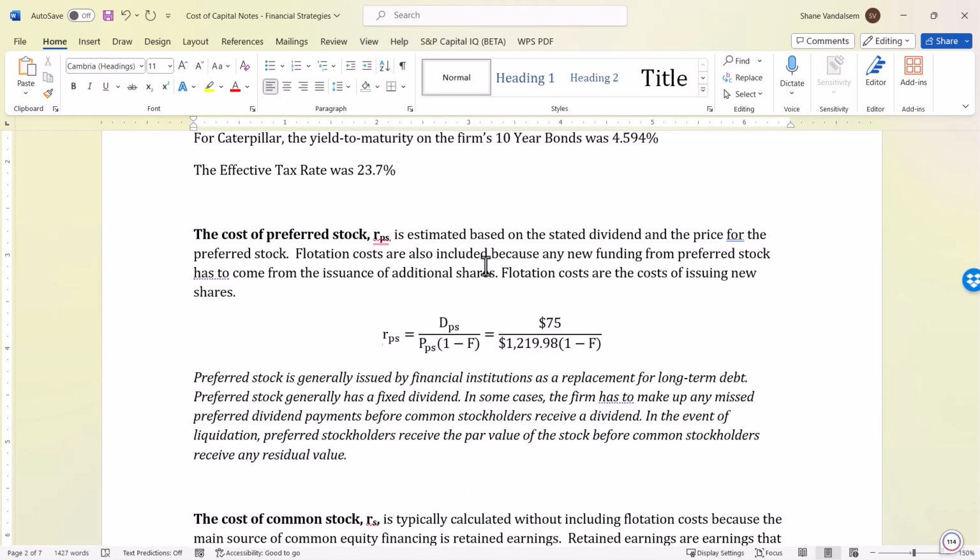Flotation costs in general run between 5 to 10% of the amount that's raised from a stock issuance. So I'm going to go on the lower end here and say it's 5%.